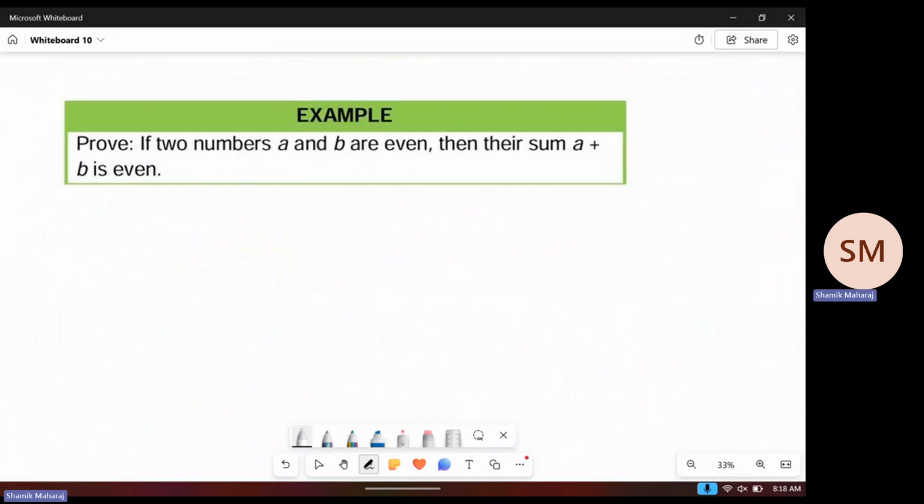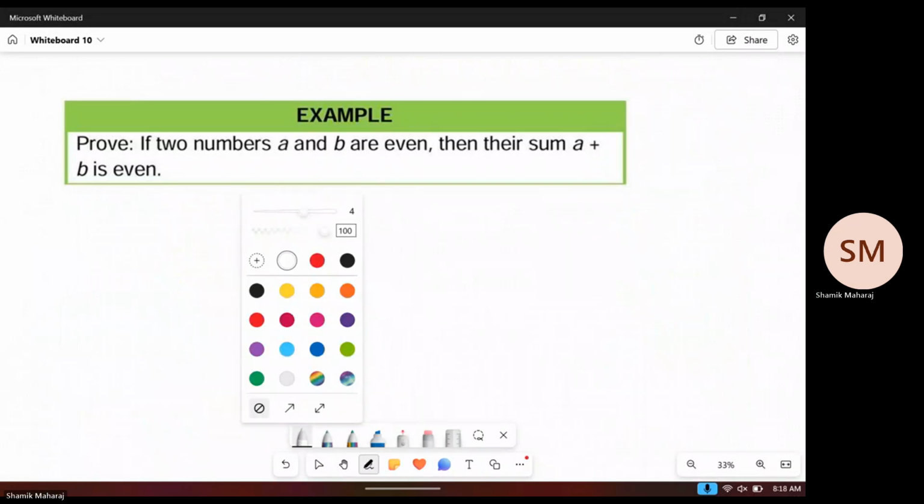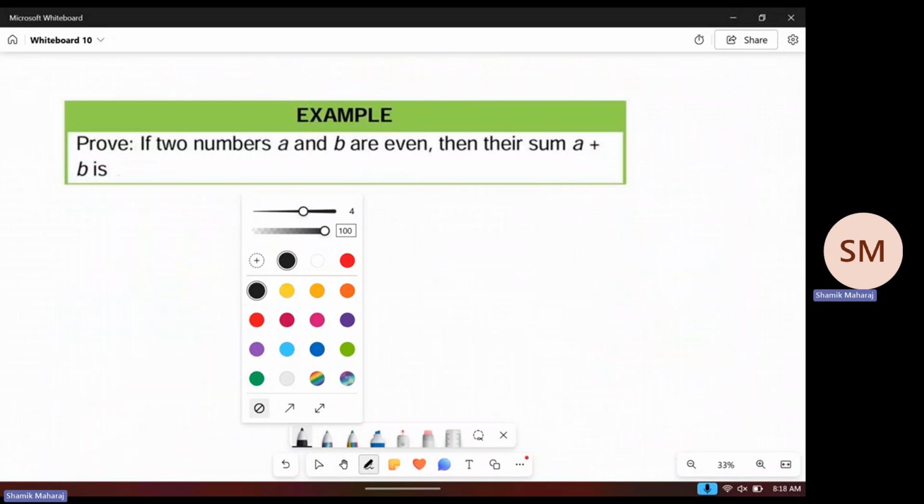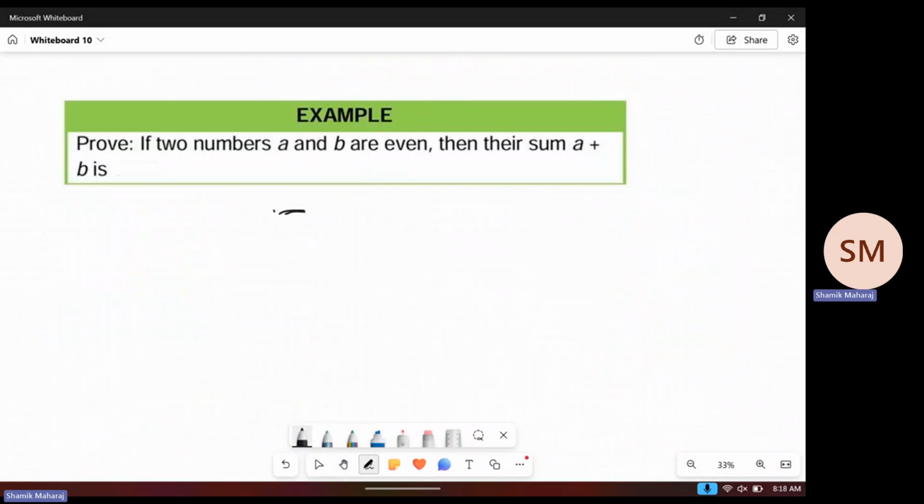Why is this so complicated? No, that's not what I wanted.